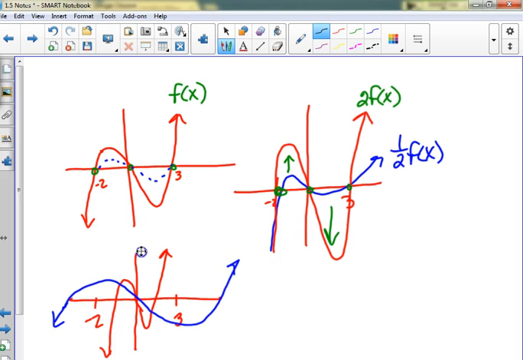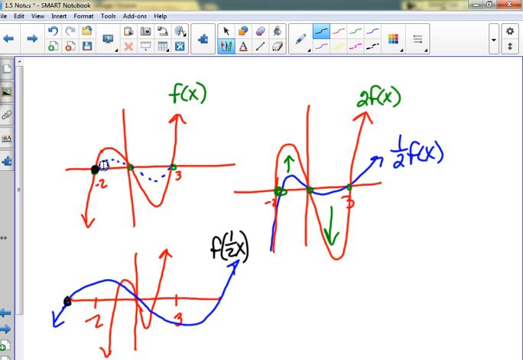This is different, okay? If I did, this is going to confuse you, f of 1/2 x. Remember what I said about inside the parentheses? What does it do? Opposite of what it seems, yes? So half on the inside doesn't shrink it, it stretches it horizontally. So if this used to cross over here at -2, now maybe it's crossing at -4.